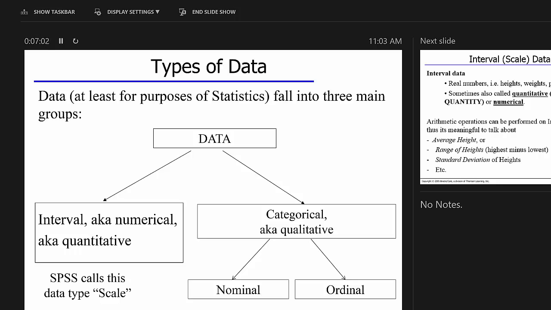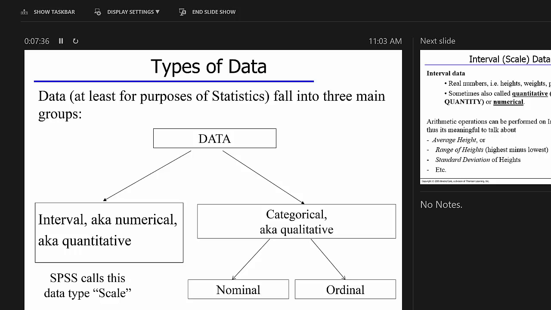We can use seconds or minutes to measure time, pounds to measure weight, inches to measure height, etc. So anything that we can measure somehow is an interval, numerical, or quantitative data type, okay?